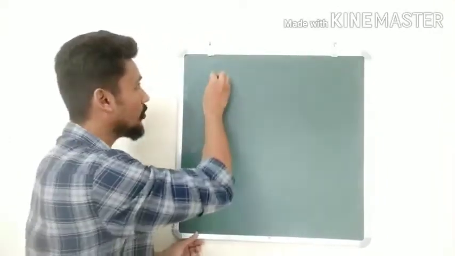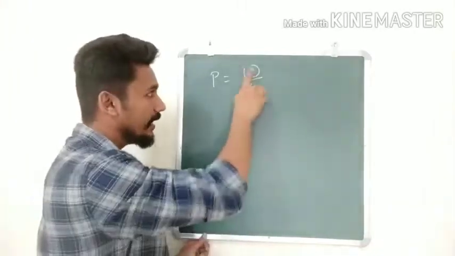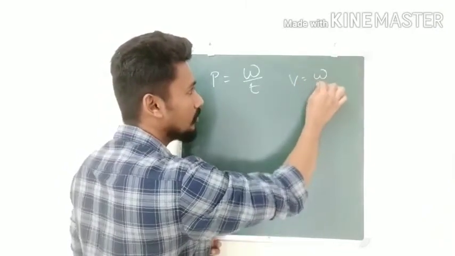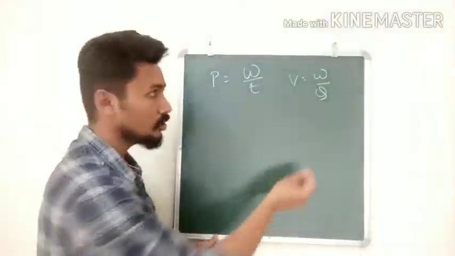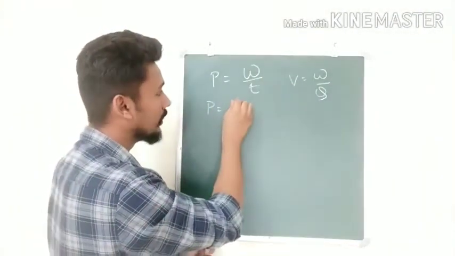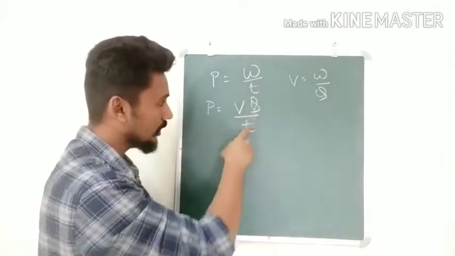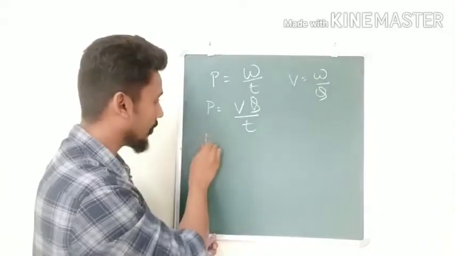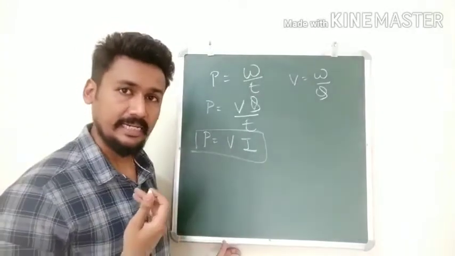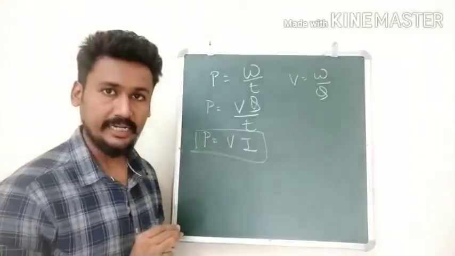So we can write the formula for power, P, as W by T. If you remember, V is equal to W upon Q, so you can write W as Q into V. So you get P is equal to V into Q upon T, and Q by T is nothing but electrical current. So power is V into I. Electrical power can be written as the product of voltage and electric current.